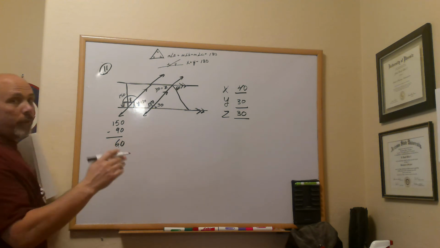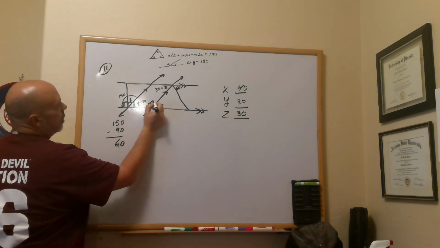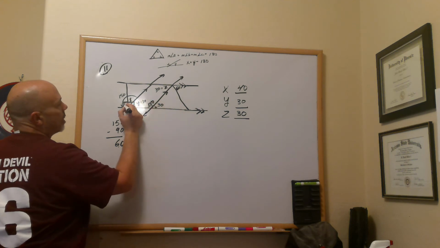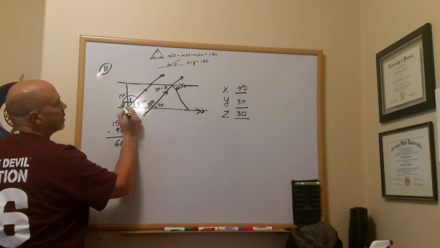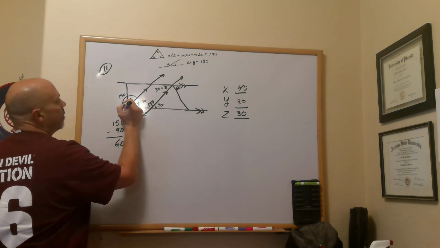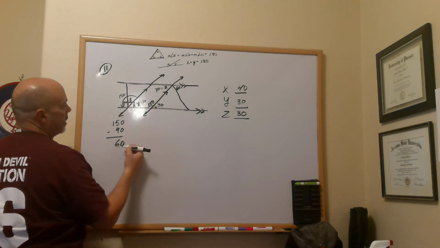So again, I just want to review what I did with that problem. So this angle right here corresponds with this entire angle right here. This part of it equals 90 degrees. So from there to there, I got 90. Okay? So then from 150, I subtracted that 90, and I got 60.